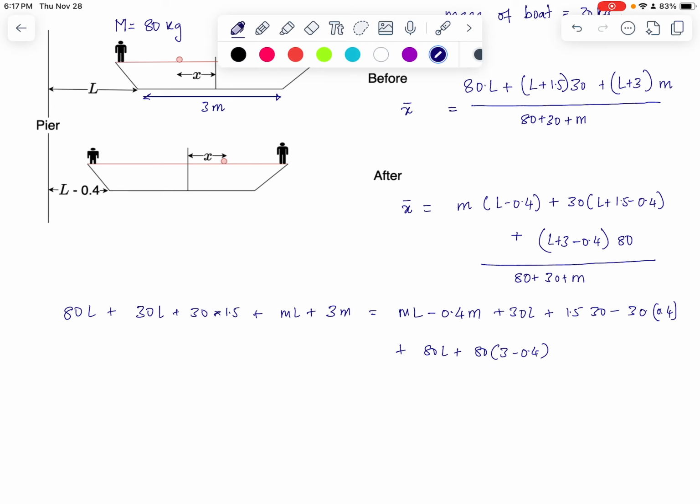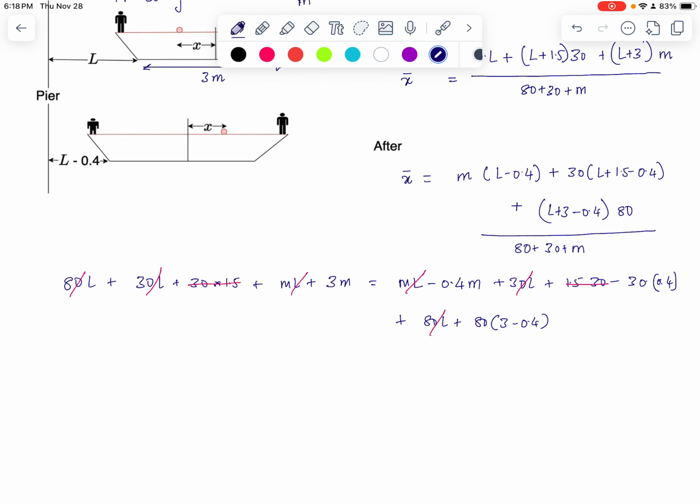So what are the things that we can cancel? The 80L cancels out, the 30L cancels out, 30 times 1.5 cancels out, and the ML cancels out. So all the terms that include L, the term that we don't know, get cancelled out.